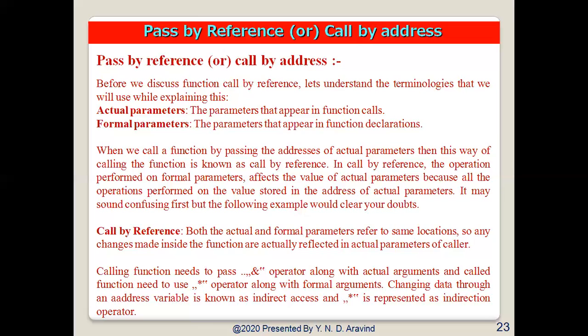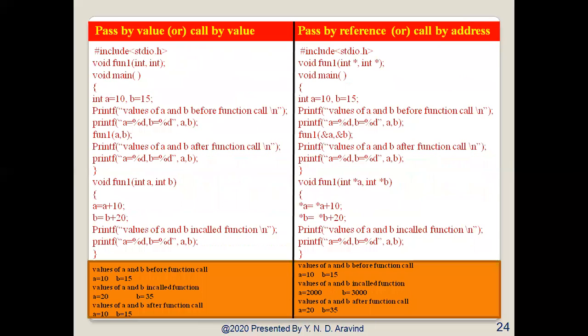So whatever modifications we make in the formal parameters are going to reflect in the actual values because we are making the changes at the address. Because of this, the actual parameters get changed in call by reference and call by address. Now let us see an example program for call by value and call by address.